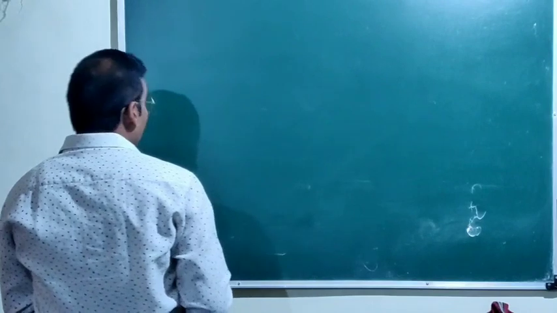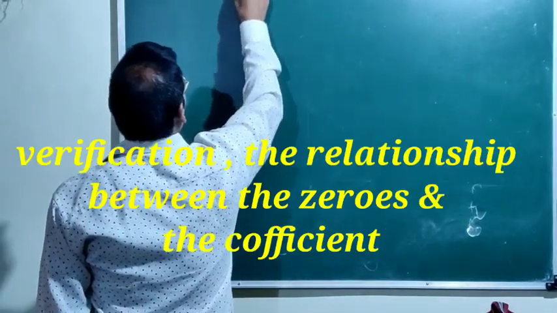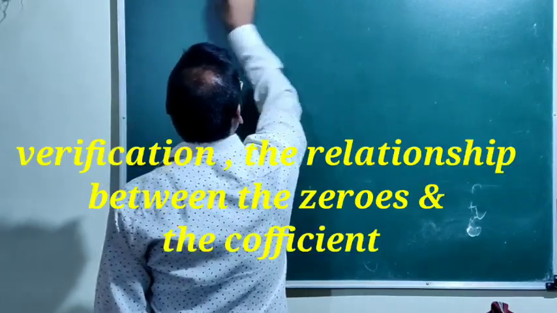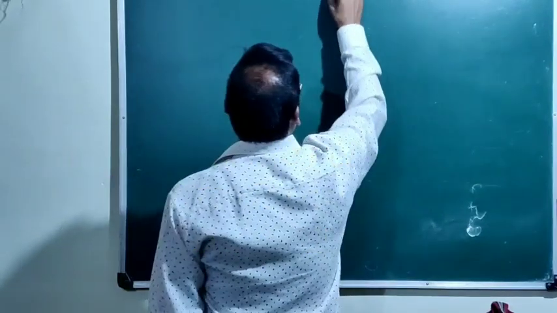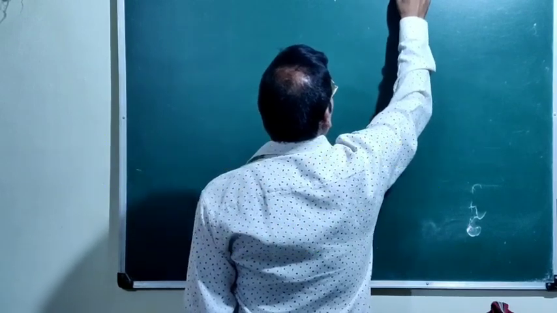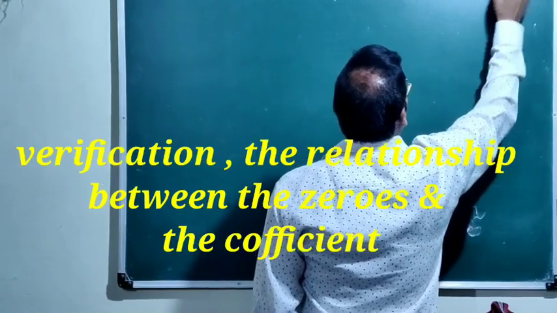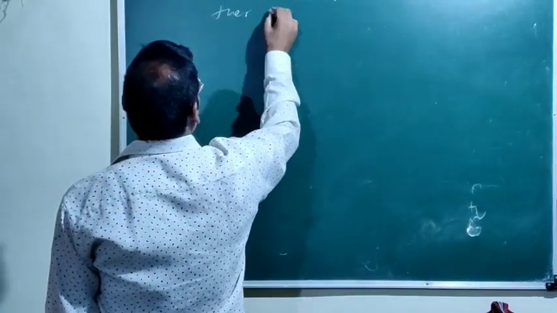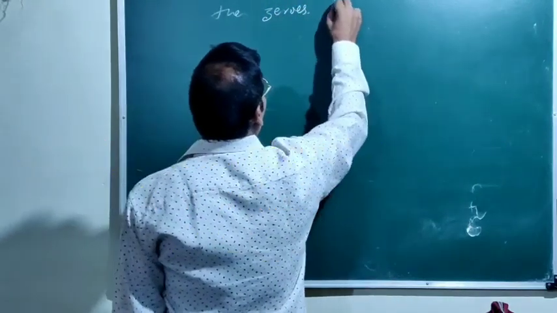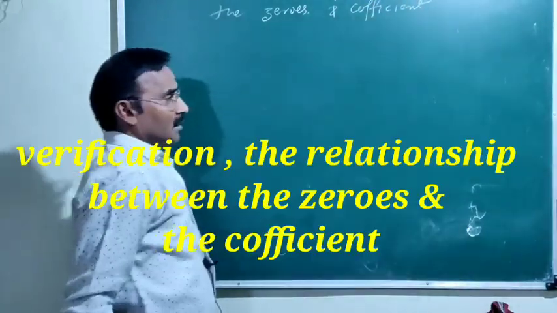So how do you verify the relationship between the zeros and the coefficients?